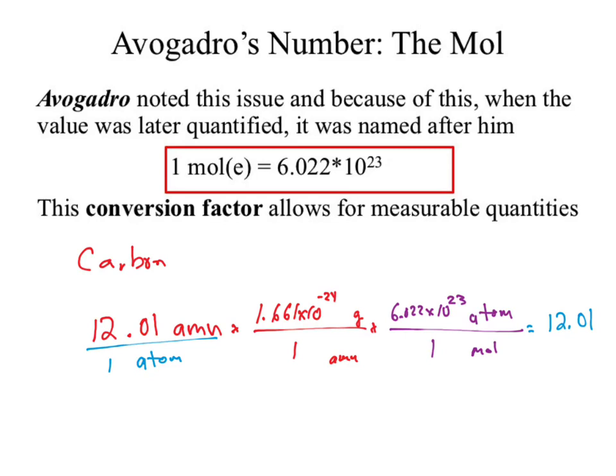Not only does it scale us up to a measurable mass, it allows us to use the number for mass directly out of the periodic table. I don't have to do some weird conversion. The atomic mass now becomes a measurable mass in a decent unit system, grams. But I had to scale it up, so it's no longer a mass per atom, it's now the mass per mole.